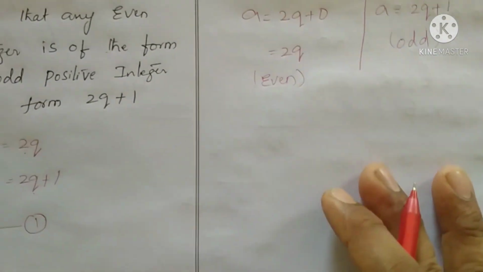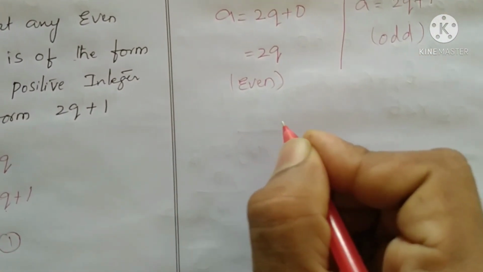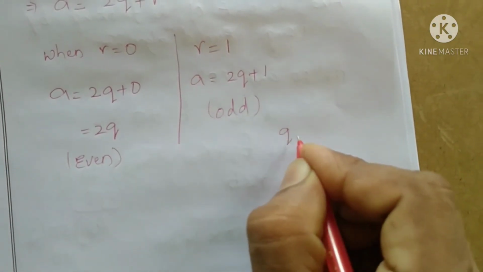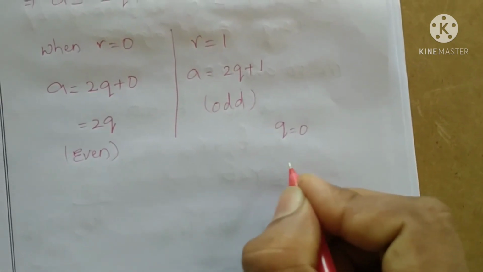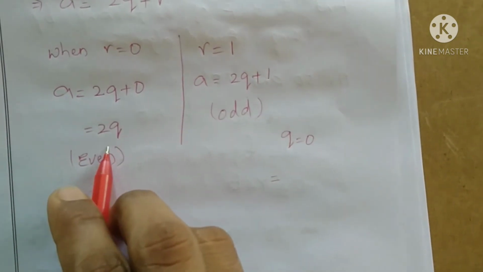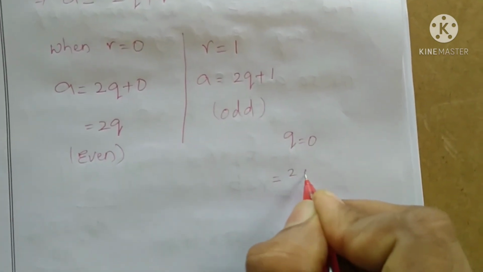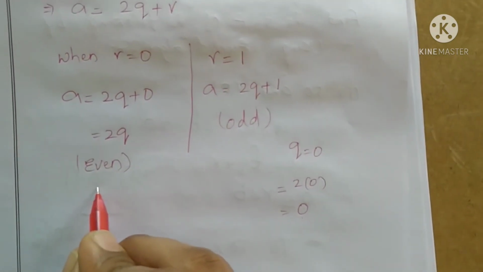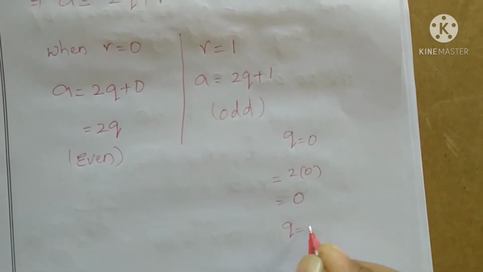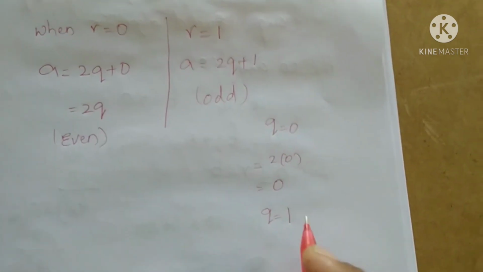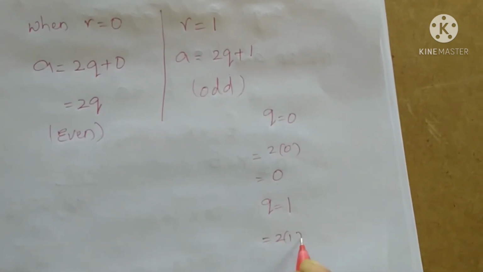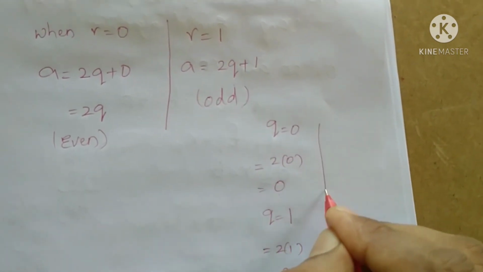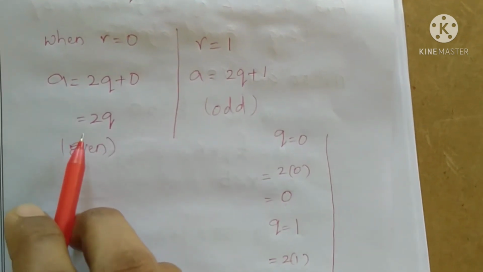Let's check it out. This is rough work. When q is equal to 0, our integer becomes 2 into 0, that is equal to 0. 0 is the first even number. When q is equal to 1, 2 into 1 is equal to 2. Similarly, these are all the even series, of the form 2q.